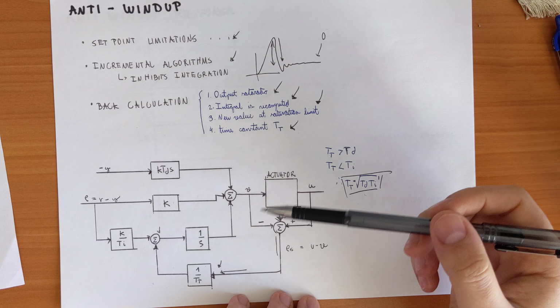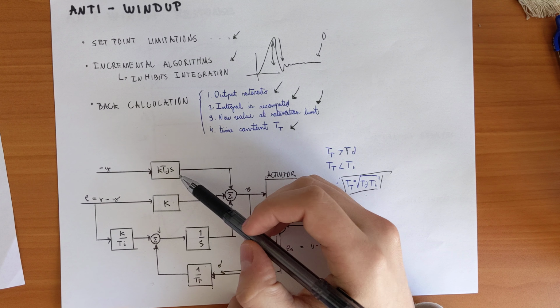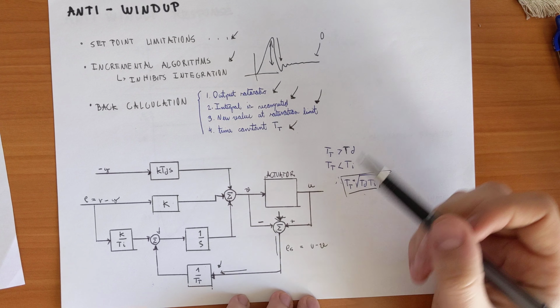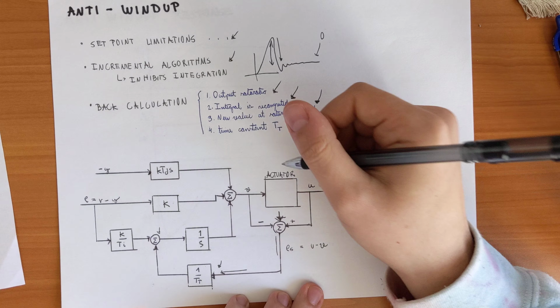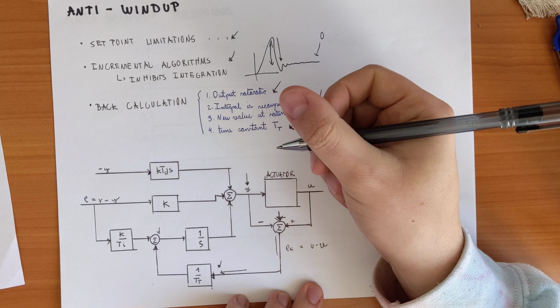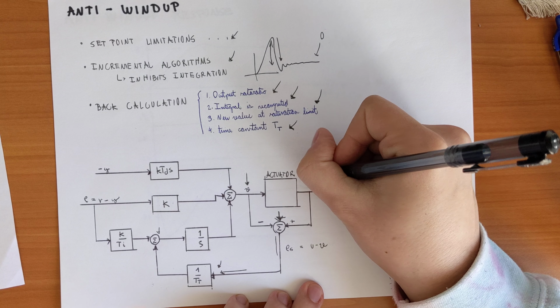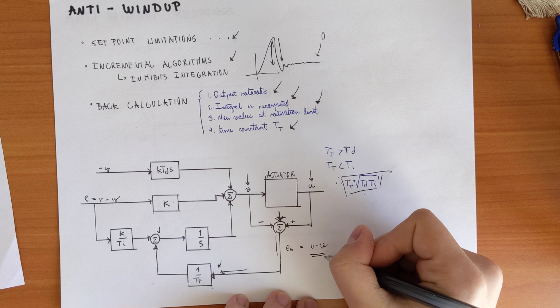Say we have a normal PID parallel controller, and then we have our derivative term and proportional term. And instead of our normal integral term, we're going to compare the output of the control system with the output of the actuator, and we'll create a new error signal which compares this.